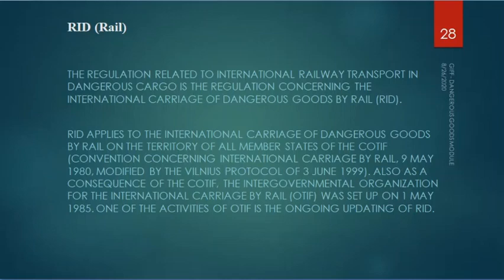The RID applies to the international carriage of dangerous goods by rail on the territory of all member states of the COTIF, the Convention concerning International Carriage by Rail, dated May 9, 1980, which was modified by the Vilnius Protocol of June 3, 1999.